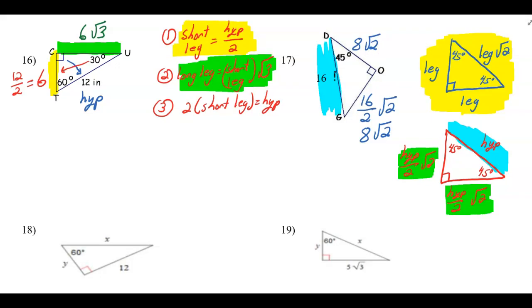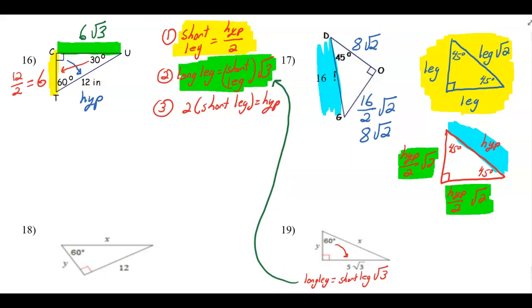Before we take a look at problem number 18, I want to take a look at problem number 19. In number 19, the 5 root 3 is the long leg, which is the short leg square root of 3, if we look at the green highlighted formula. And I'll draw an arrow here so you see that.